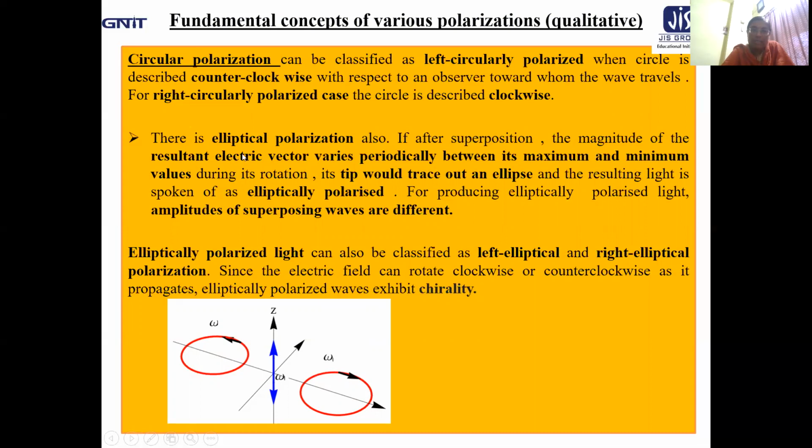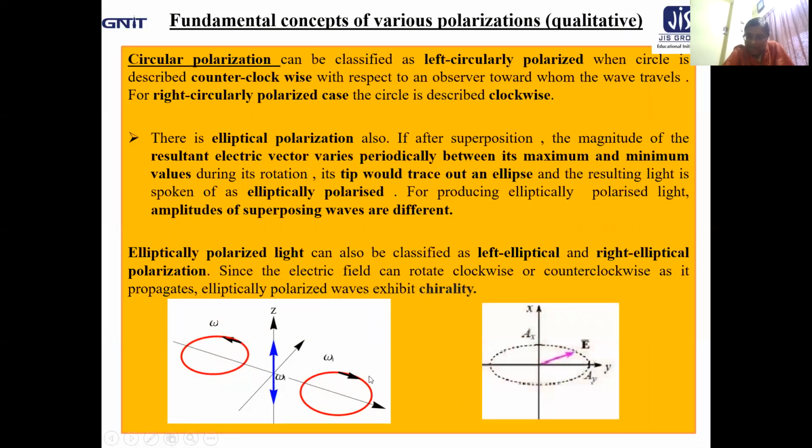Now, there is elliptic polarization also. If after superposition of two plane polarized waves under suitable conditions, the magnitude of the resultant light vector so produced is found to vary periodically between its maximum and minimum during its rotation, then its tip would trace out an ellipse and the resulting light is spoken of as elliptically polarized. Just take a look.